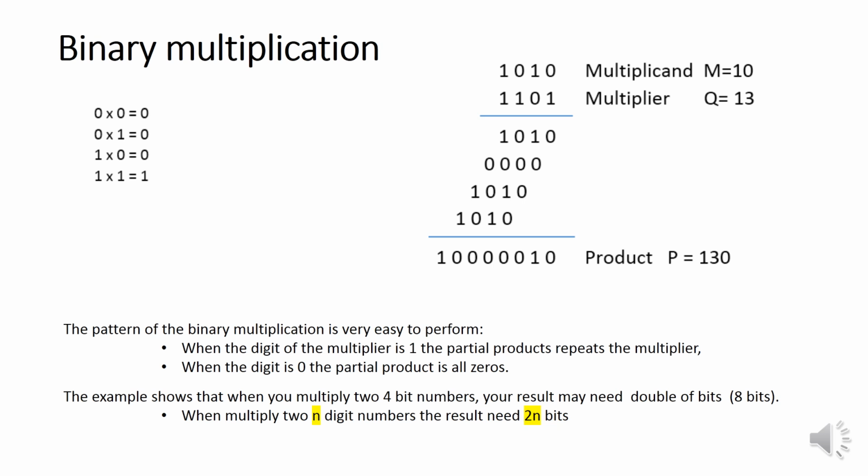So, the logic of partial products in binary is simpler than in decimal multiplication. Also, as this example shows, when you multiply two 4-bit numbers, the number of bits of your result may become double, 8 bits in this case. That means when multiplying two n-digit numbers, the result may need 2 times n bits.